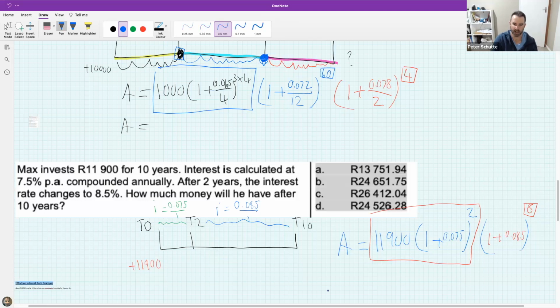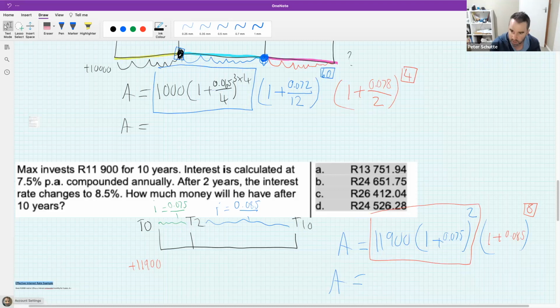And so now I just need to put this rather long thing in my calculator. 11,900 times, open bracket, 1 plus fraction button, 0.075. And you don't even have to put it over 1. Well, you can if you've got a fraction.